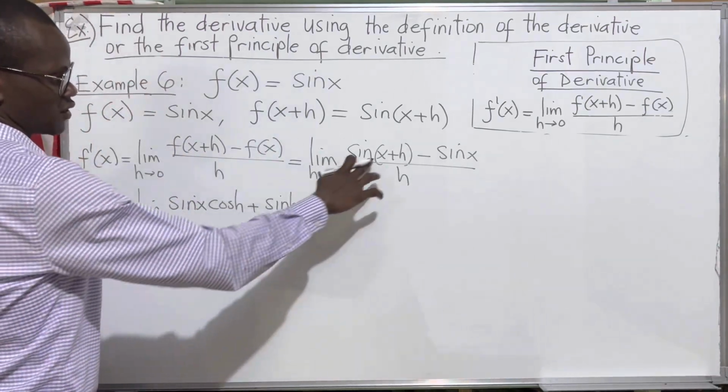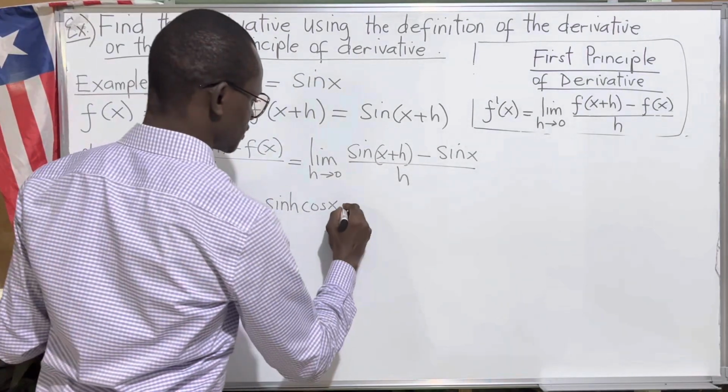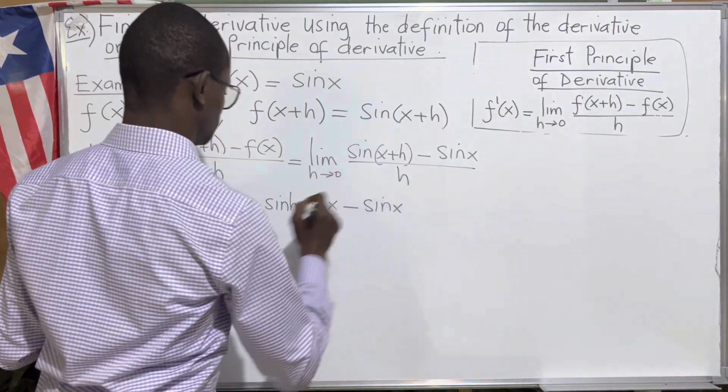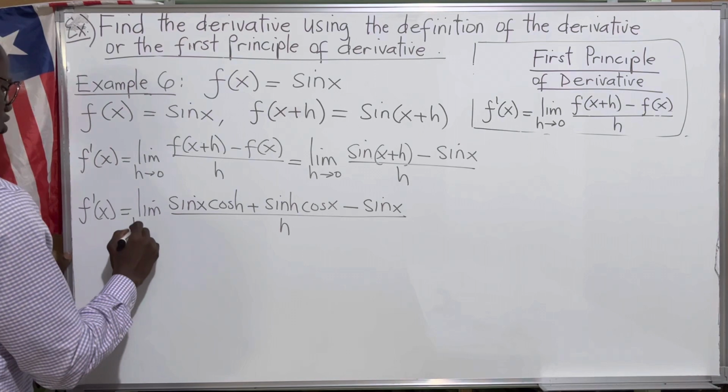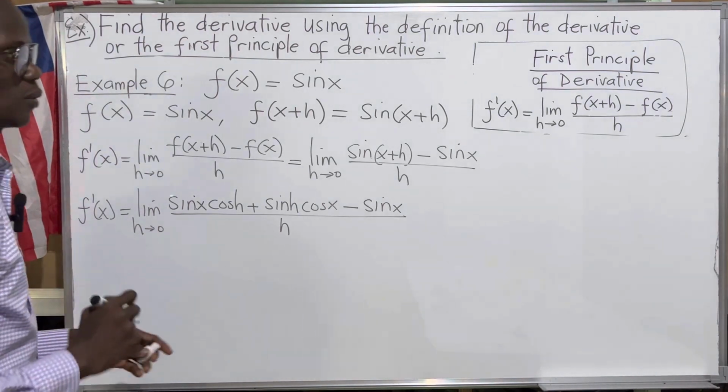So this is the expansion for this one, minus sine of x, divided by h as h is approaching 0.